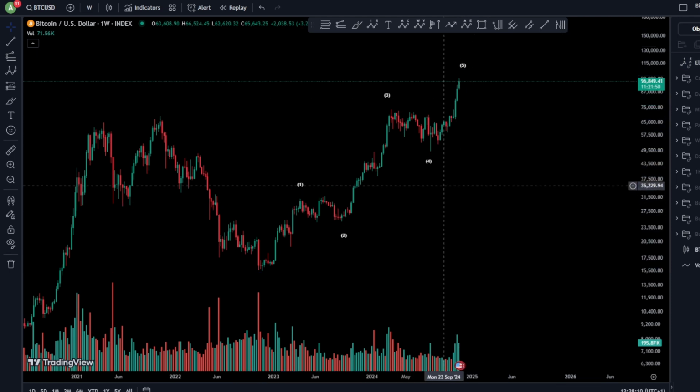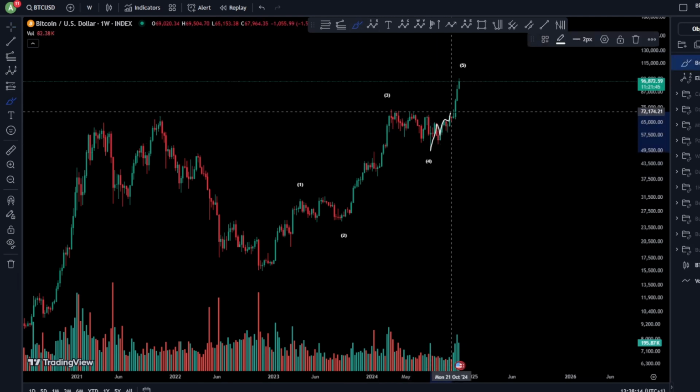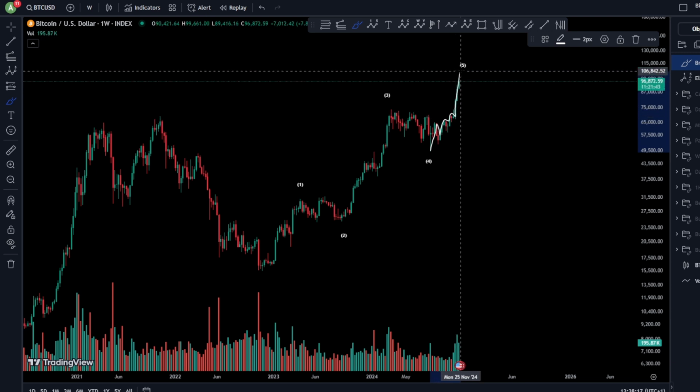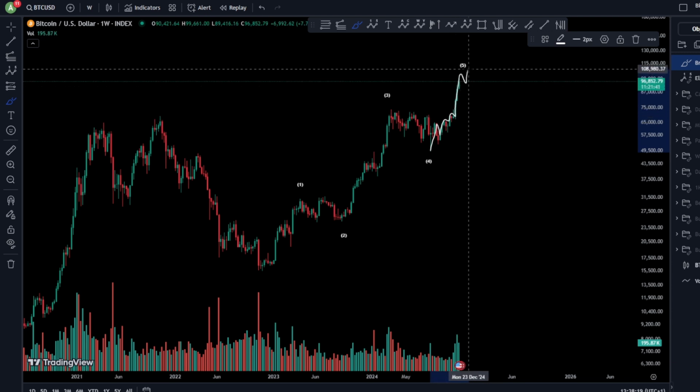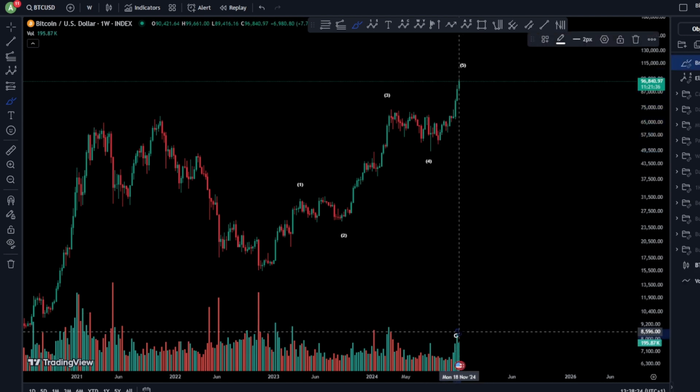What if this is a simple 1, 2, 3, 4, 5 as a diagonal, and then 1, 2, 3, and then just 4, 5, and then moving down, because we almost finished here, right?